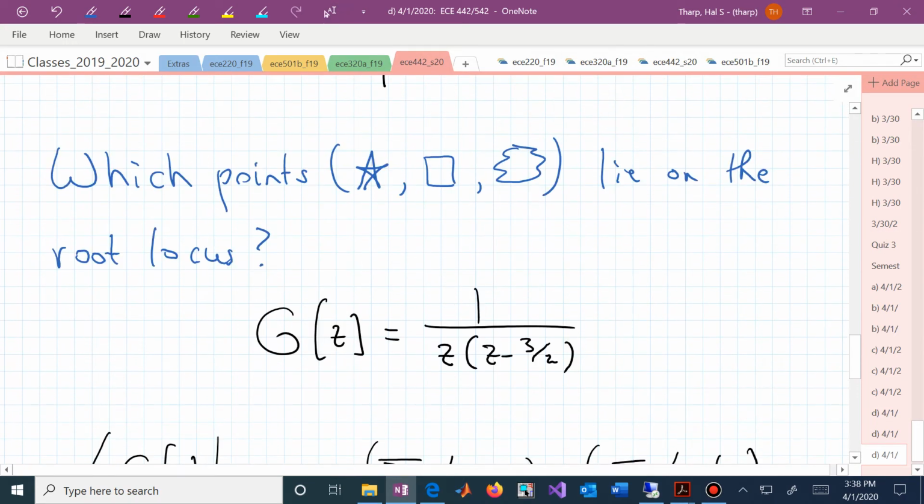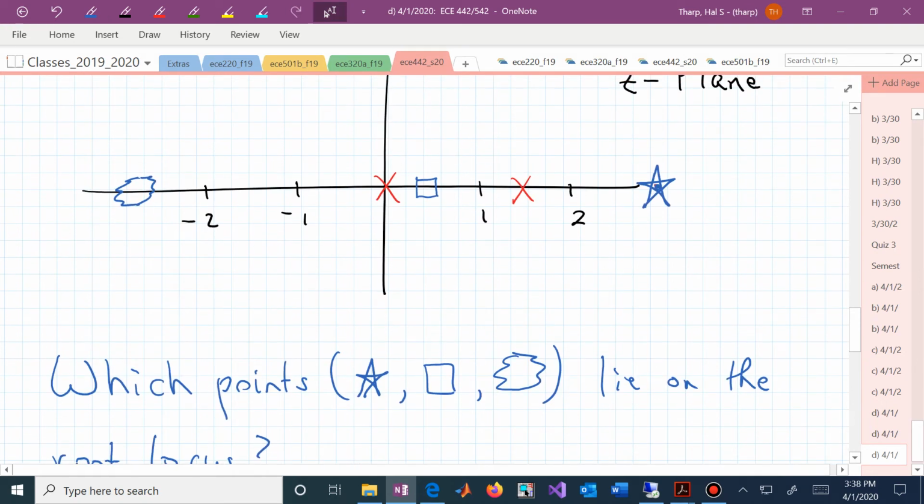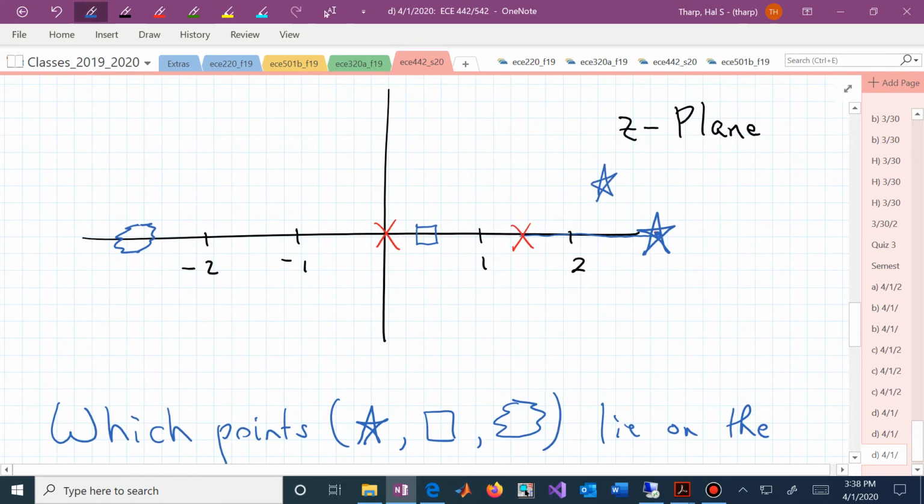What's the angle that this pole at 3/2 has to look through to get to that star? Well, if the star was up here, do you see that the angle would be right there? If the star was here, then that pole would have to look through that angle.